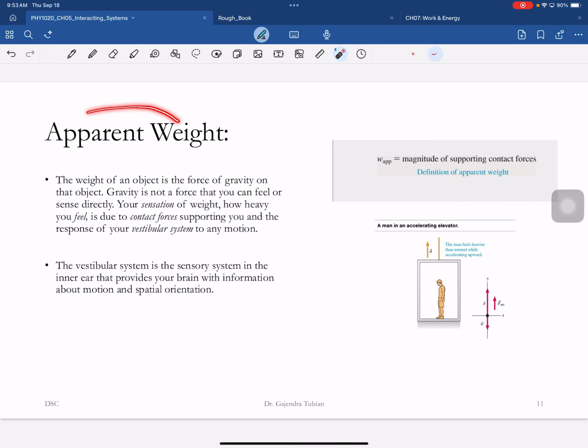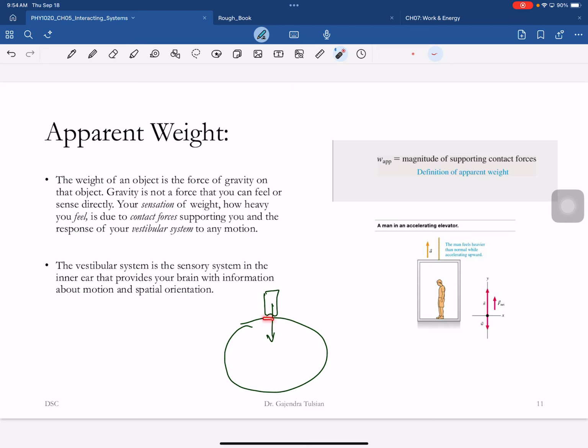Now let's talk about apparent weight. The weight of an object is the force of gravity on the object. Your real weight is the force with which the Earth pulls you, but this force you don't feel. So what is it that you feel?